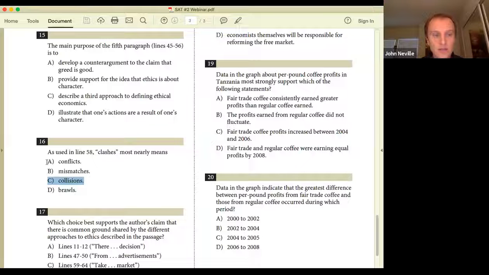They feel confident that conflicts is not a wrong answer, at least not right away. Mismatches, they're confident is a wrong answer. And then they look at collisions and say, okay, I don't know if collisions is a wrong answer. Well, a lot of students will freeze and say, well, I need to figure out if collisions is the wrong answer or not.